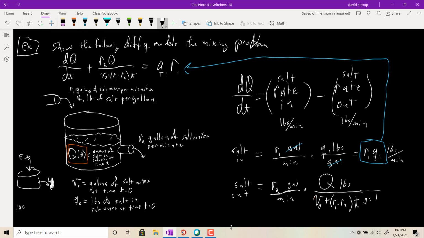After 1 minute, there's going to be an extra gallon coming in because it's just 5 minus 4, right, times t. That would be our formula in that case. So after 1 minute, there's 1 extra gallon because there's 5 gallons coming in and 4 gallons going out. Okay, hopefully that's kind of clear.